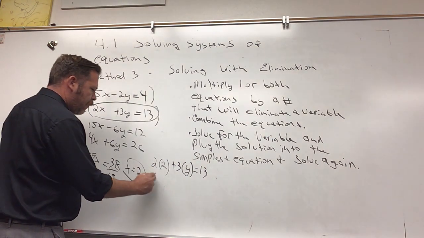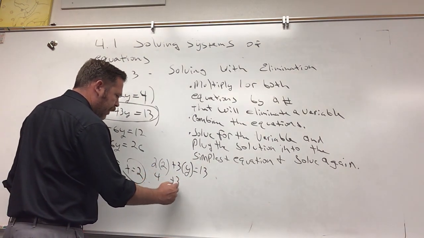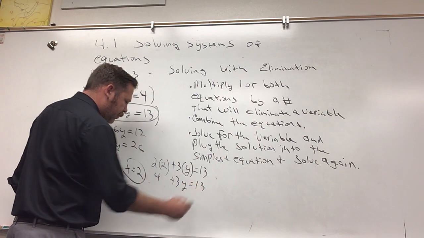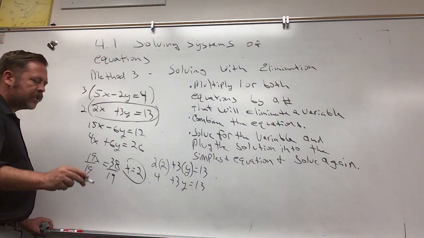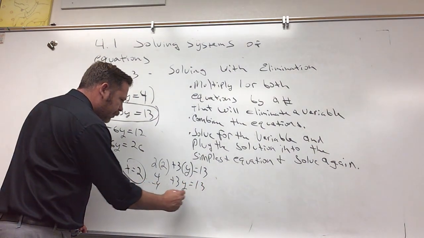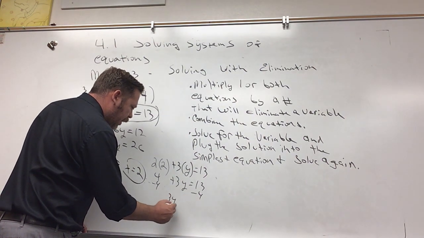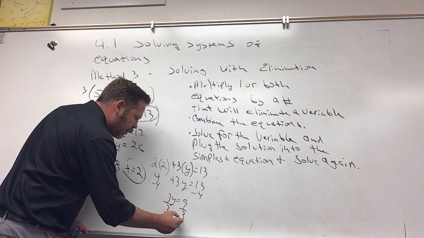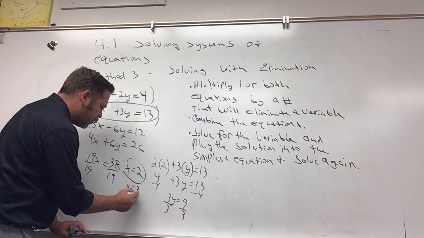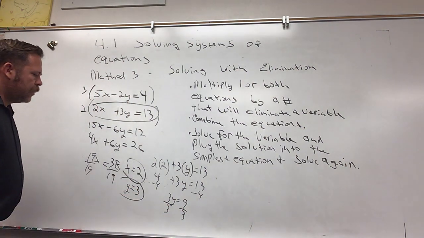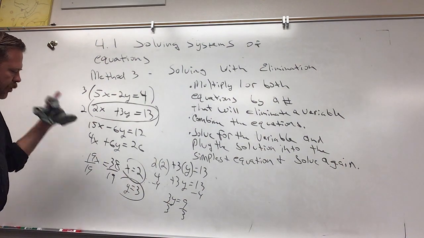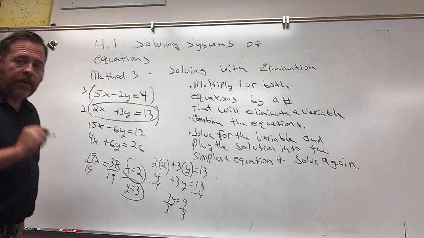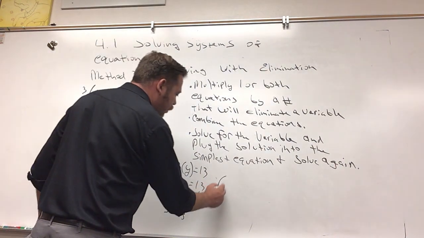So I get 4 plus 3y equals 13. Then if I subtract 4 from both sides, I get 3y equals 9. Divide by 3, and I get y equals 3. Okay. So my solution is x equals 2, y equals 3. Another great way to write it is as an ordered pair, 2, 3.